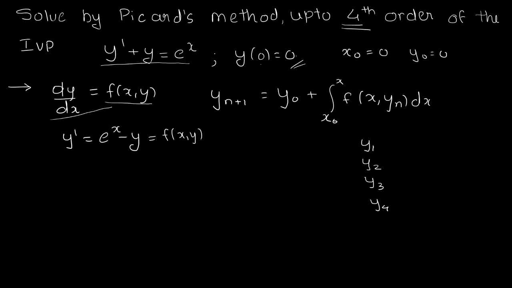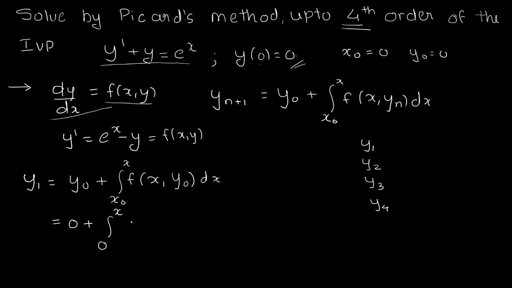Let's start by looking for y1. y1 will be given by y_0 + integral from x_0 to x of f(x, y_0) dx. y_0 is 0 and x_0 is also 0, so 0 to x of f(x, y_0), which is e^x - y_0, dx. y_0 is 0, so I substitute: integral from 0 to x of e^x - 0 dx.